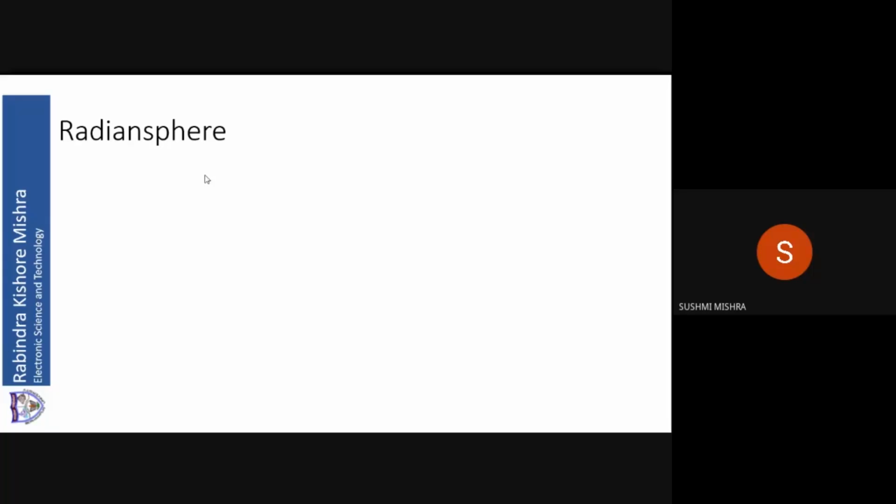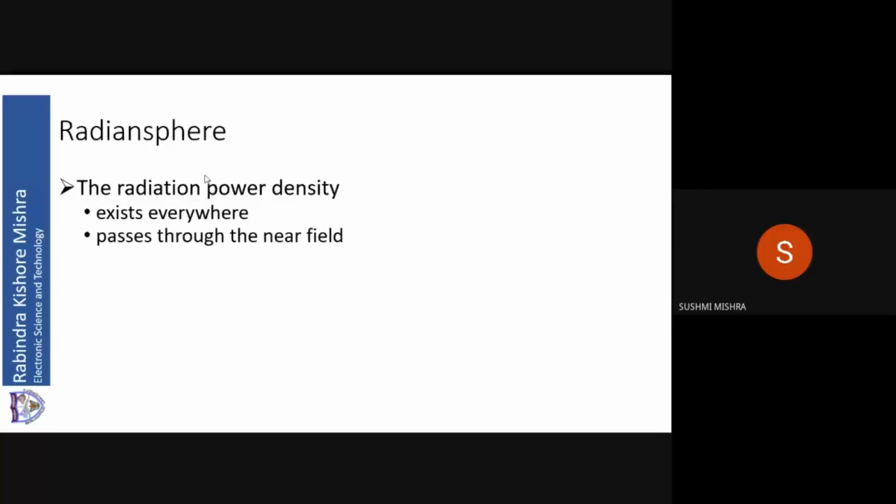So let us consider something called the radian sphere. What is a radian sphere? This brings into account the radiation power density even within the near field. This exists everywhere. The near field power does not exist everywhere, but radiation power density exists everywhere. It passes through the near field.